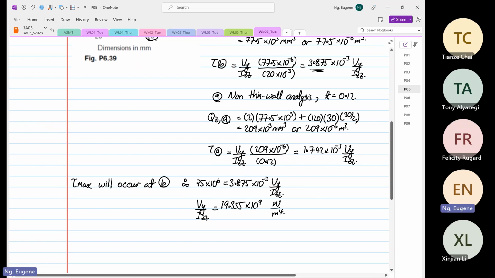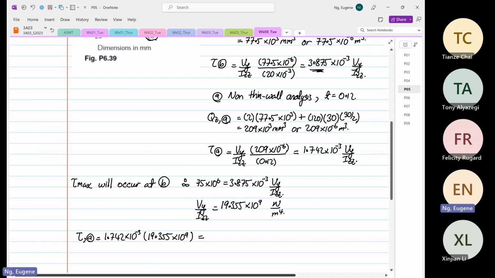So now you can find the shear stress at point A is equal to 1.742 times 10 to the power minus 3 multiplied by 19.355 times 10 to the power 9, right?